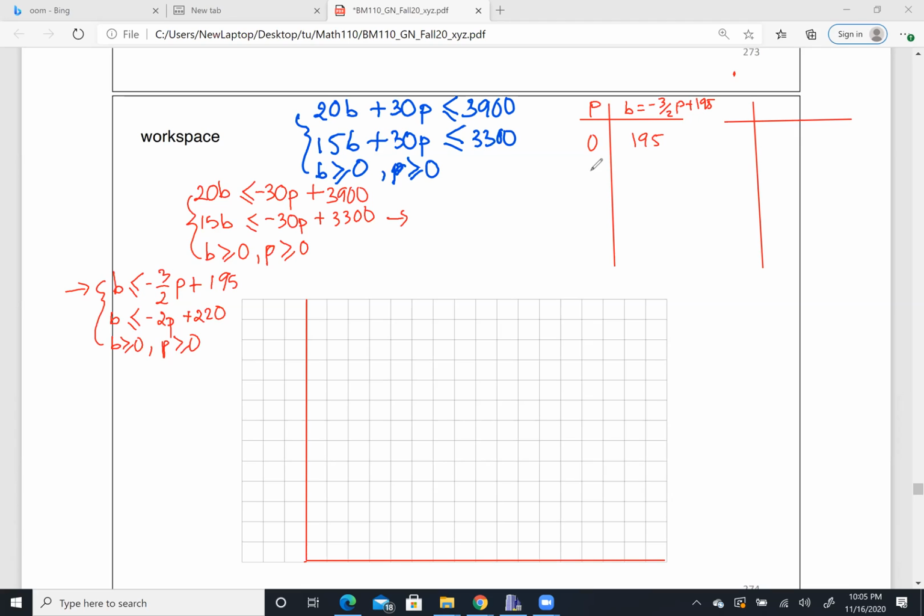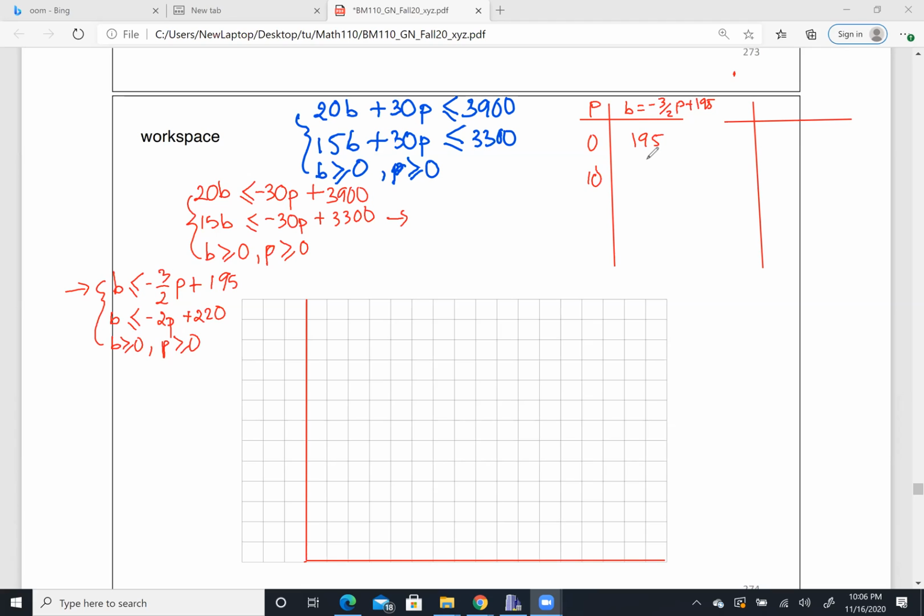And if P is equal to 10, then 3/2 of 10 is 15, negative 15 plus 195.